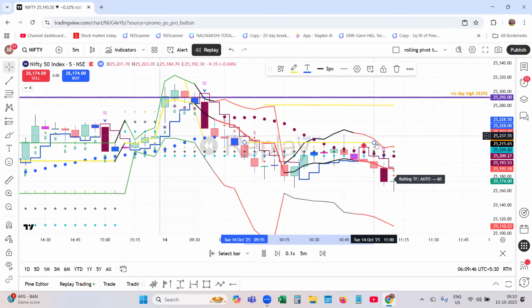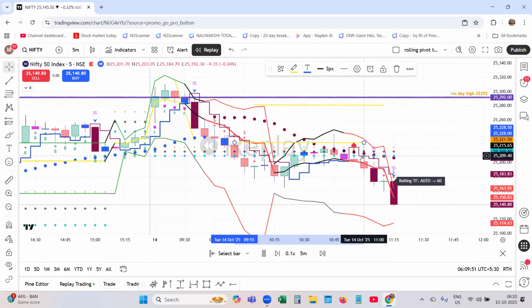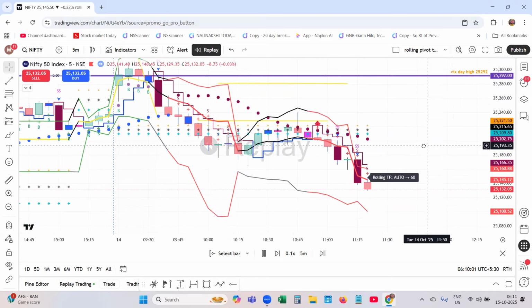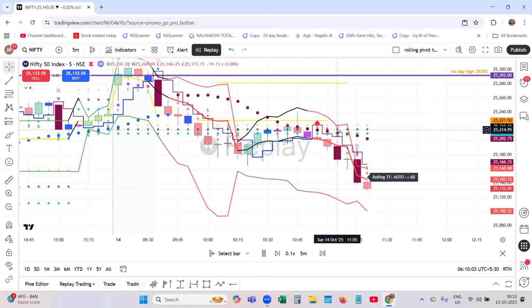Here, both the colors are matching. Can you see? The price flipped and the trend again started. Trend started over here. Initially, there was no match. Only after this, matching started. Now, you see the beauty of the CPR. It is forming over here.